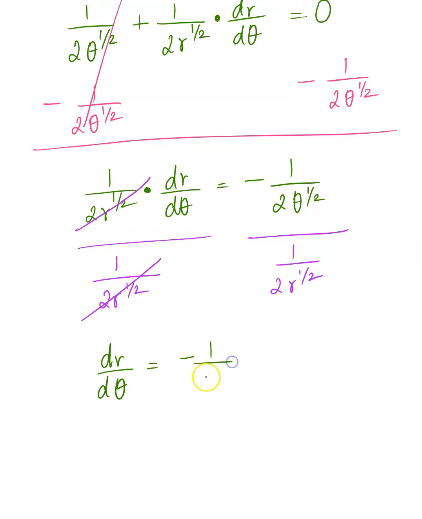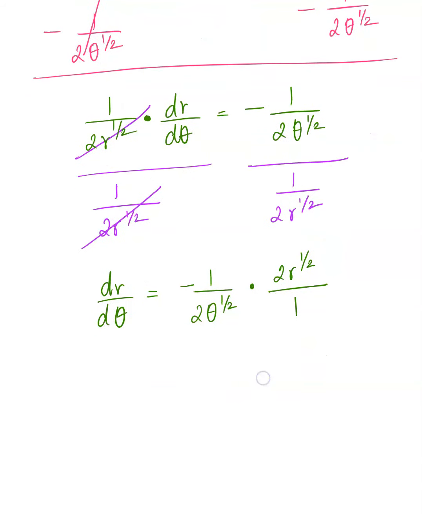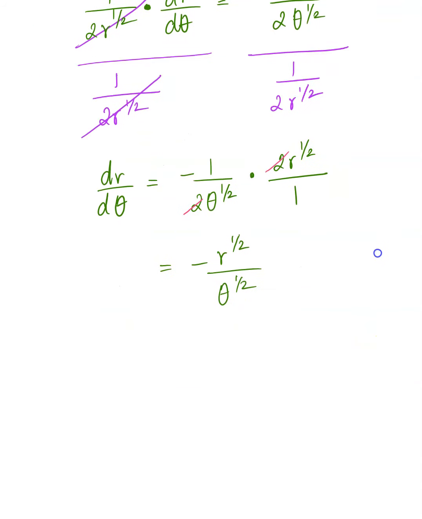So you always write the top fraction times the reciprocal of the bottom fraction. Right? And that will help us to cancel off the 2's and combine them. Negative r power half over theta power half. And there are plenty of ways you can rewrite this in equivalent terms.